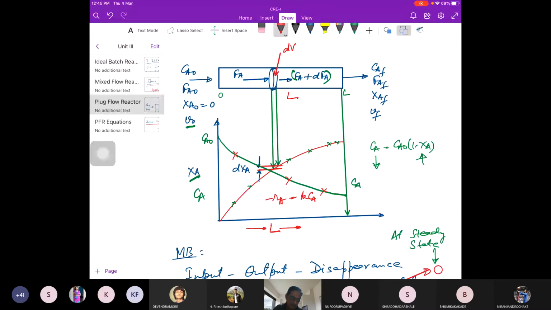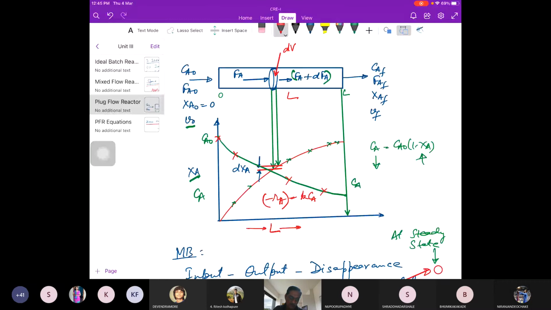So Ca का value सब जगह change हो रहा है तो rate of reaction is going to continuously decrease. जैसे Ca का value decrease होते जा रहा है, वैसे rate of reaction is also going to continuously decrease as the reaction mixture goes from entrance to exit. And that is why I was saying, so you'll get maximum reaction rate here because the value of concentration is Ca naught. यहाँ पर कम हो जाएगा और कम हो जाएगा, कम हो जाएगा, right?